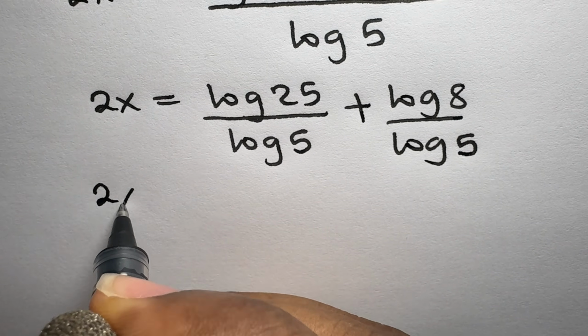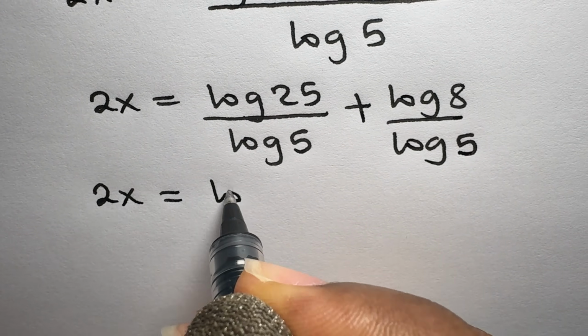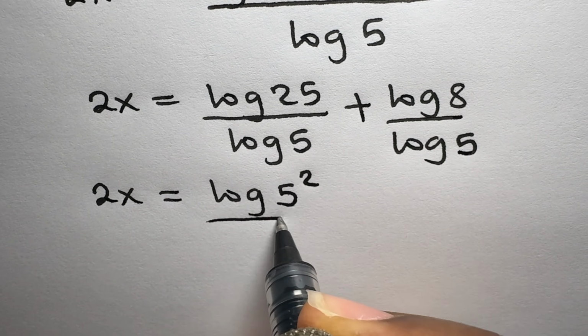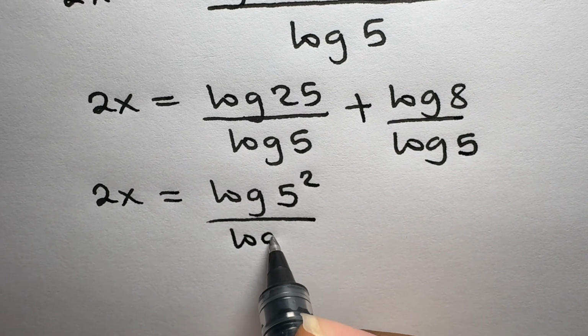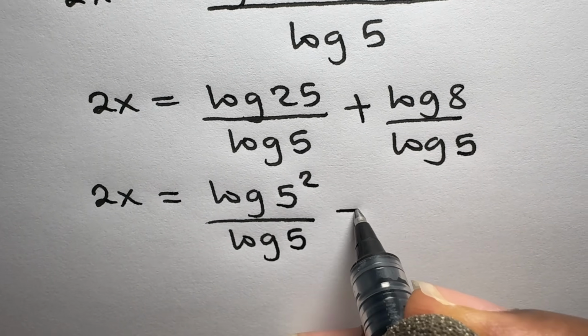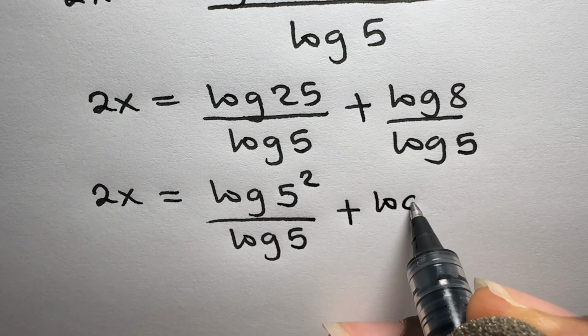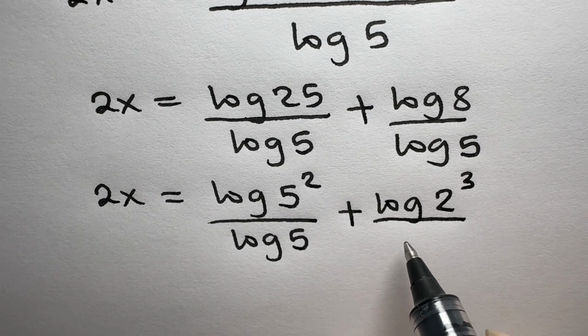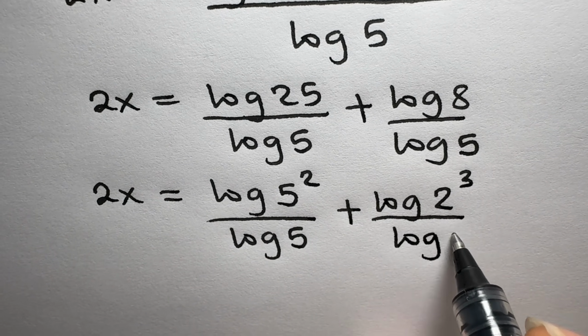This will give us 2x is equal to log 25, which is 5 raised to power 2, divided by log 5, plus log 8, which is 2 raised to power 3, then divided by log 5.